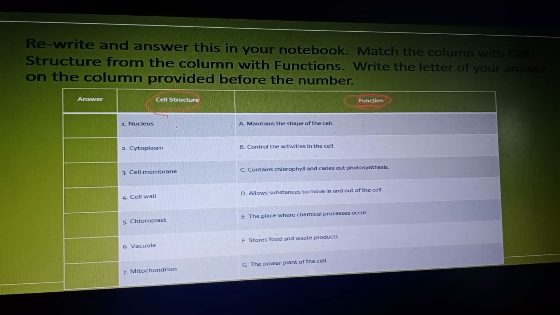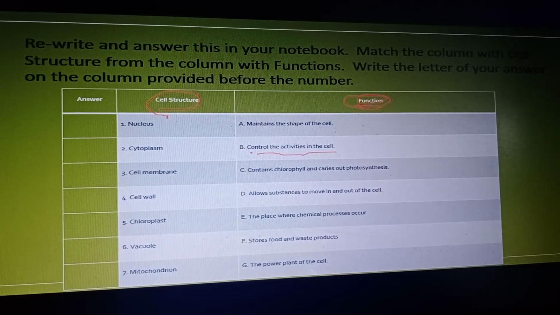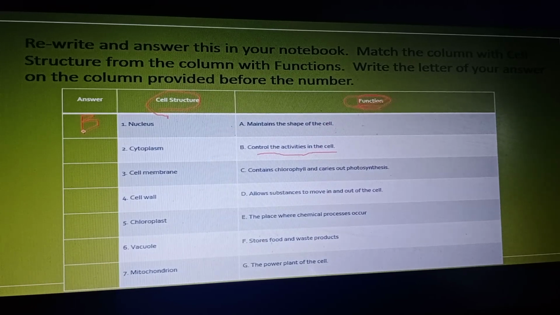Just like for nucleus, for example, if the answer is control the activities in the cell, or if you still remember, it controls the cellular activities. Control the activities in the cell. So you can write here the letter of which you think is the right answer. Okay, simple as that. So that is our first activity.